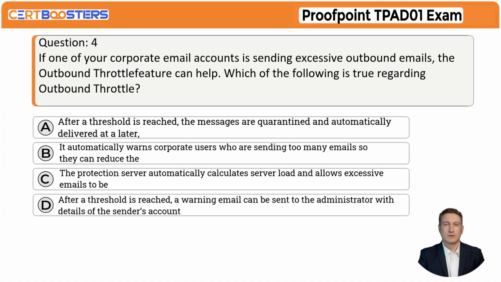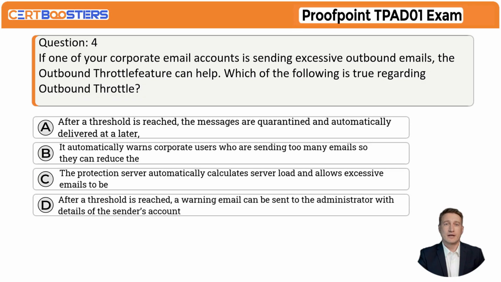Question 4. If one of your corporate email accounts is sending excessive outbound emails, the outbound throttle feature can help. Which of the following is true regarding outbound throttle? A. After a threshold is reached, the messages are quarantined and automatically delivered at a later, less busy time. B. It automatically warns corporate users who are sending too many emails so they can reduce the load.